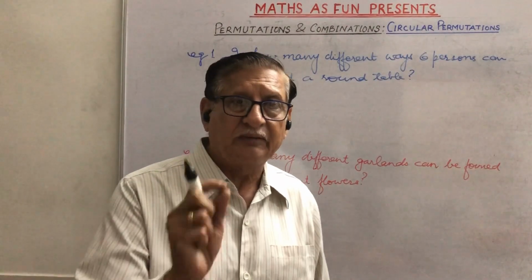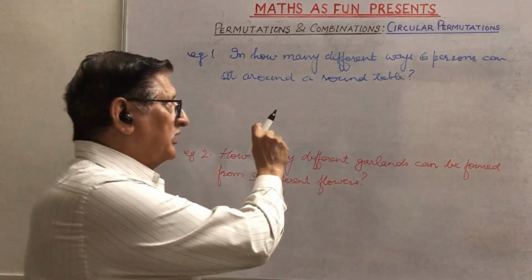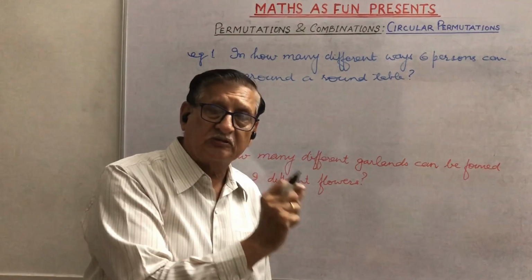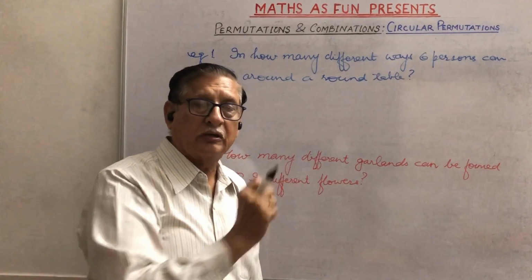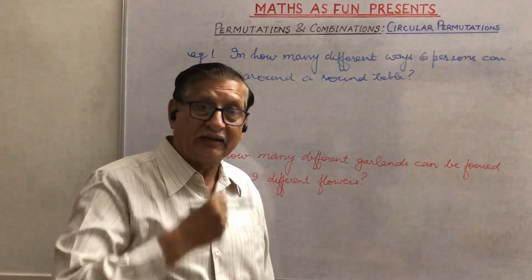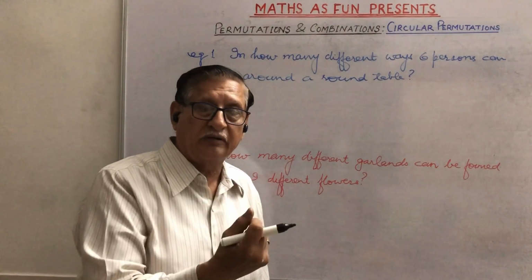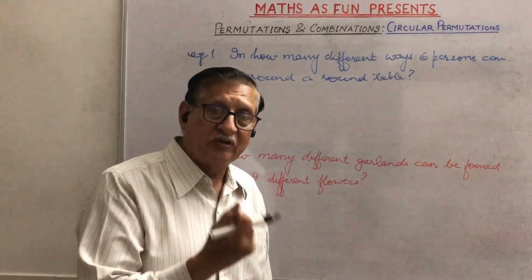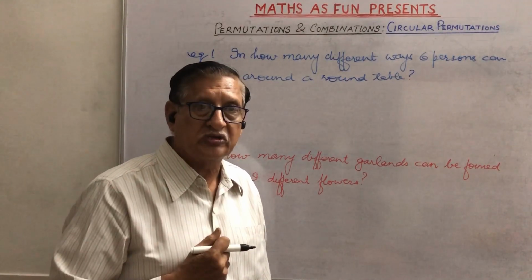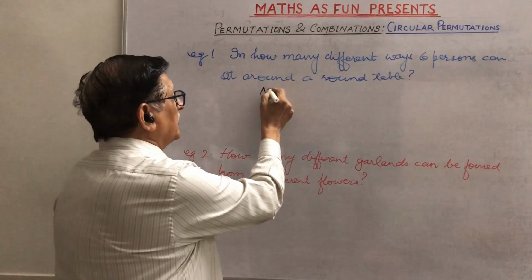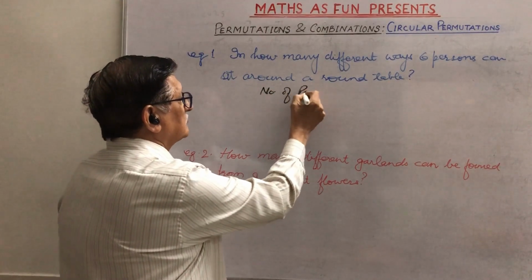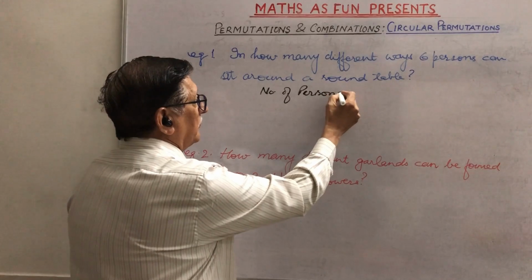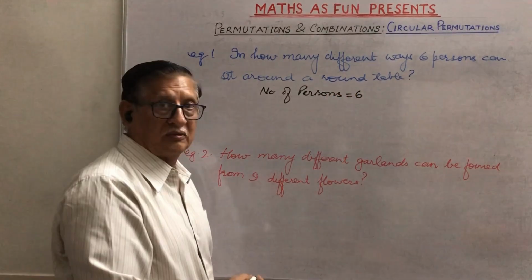See, now the first example we have: in how many different ways can 6 persons sit around a round table? That is a circular table, it means we have to make circular arrangements, so we will be applying circular permutations. Here the number of persons is equal to 6.